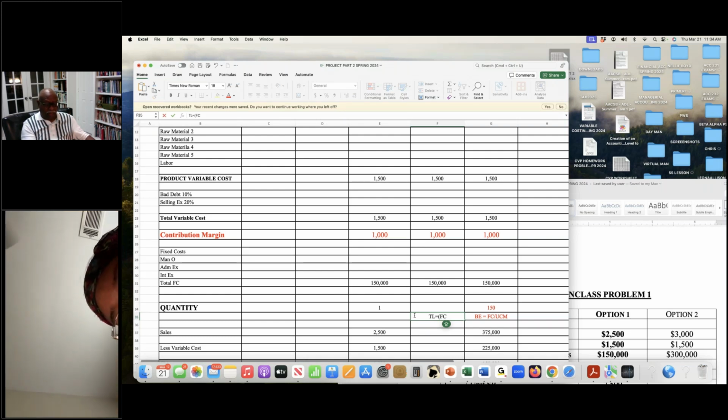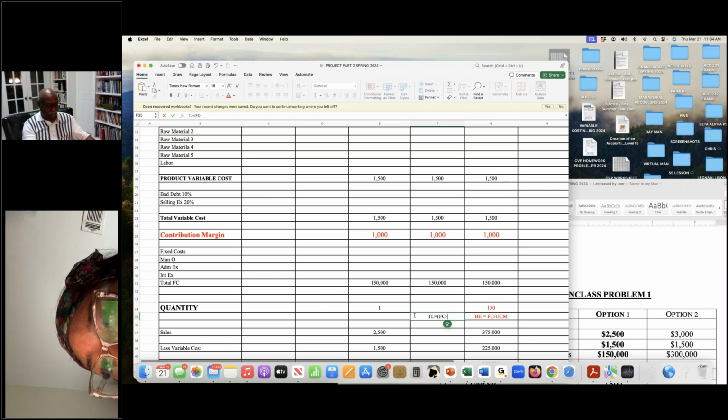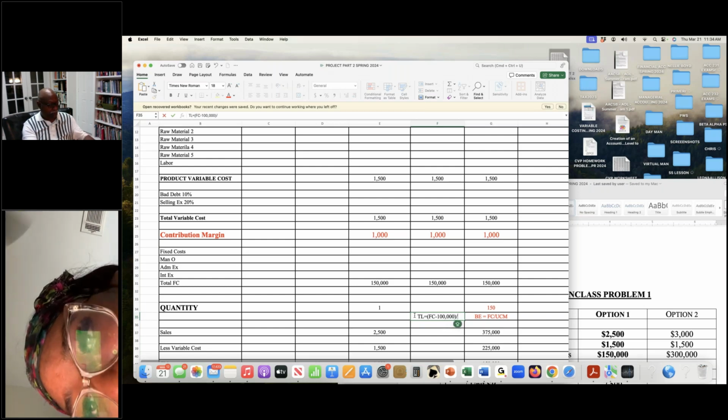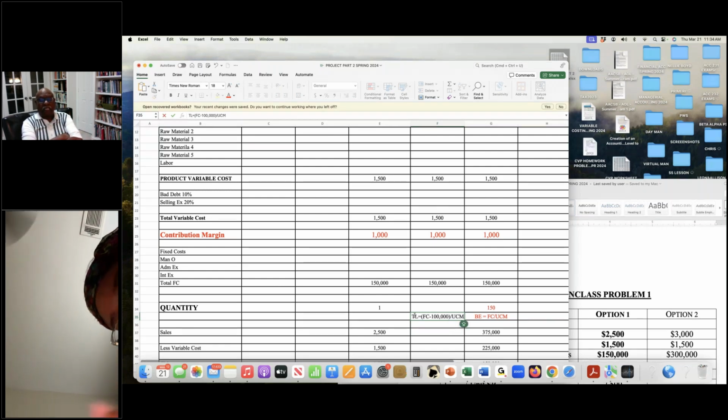So in this case, it's going to be minus 100,000. And we're going to divide it by what? UCM. So the target loss is going to be the fixed cost minus 100,000 divided by the UCM.